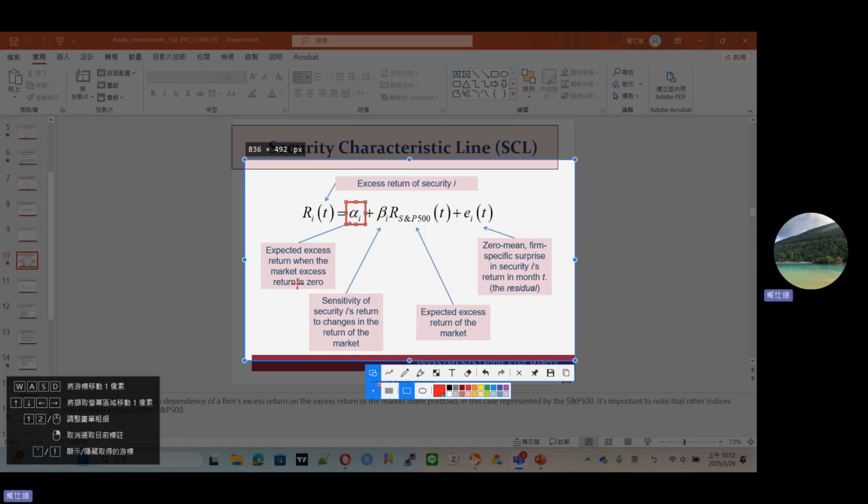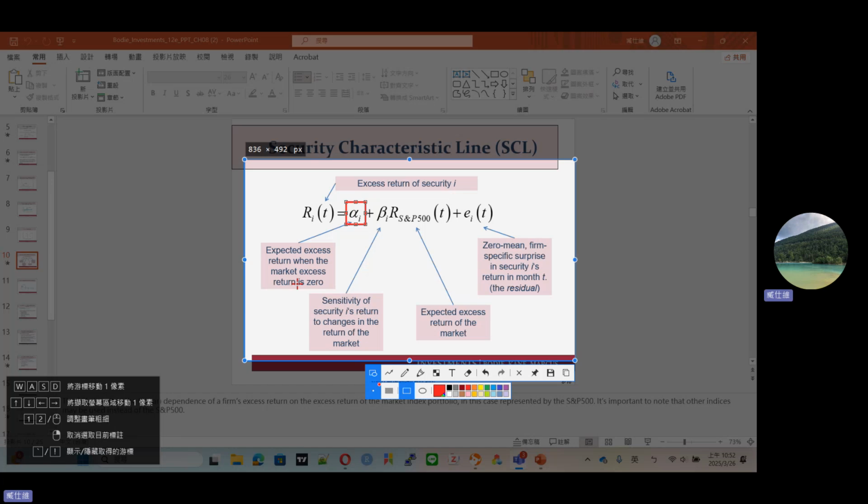So that means if we don't consider the market changes, what this stock can deliver, the most basic returns. Okay, so this is about alpha.